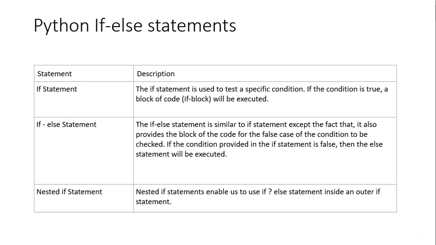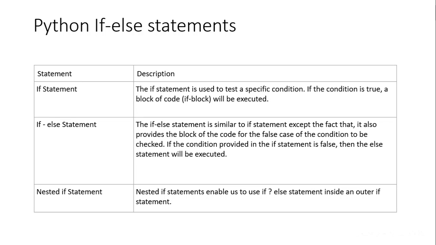Next we have if else. That means if the condition is false, we will execute the else statement. The if else statement is similar to the if statement, except that it also provides a block of code for the false case of the condition being checked.